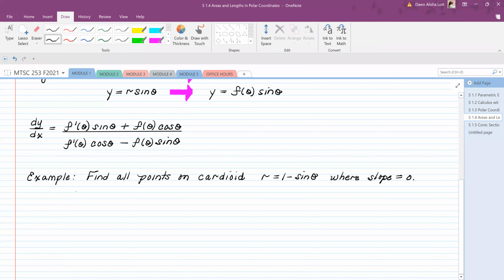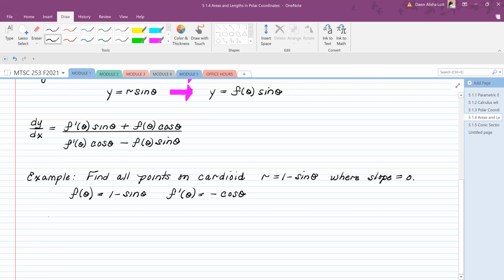So f of theta is 1 minus the sine of theta. So f prime of theta is equal to minus cosine theta.